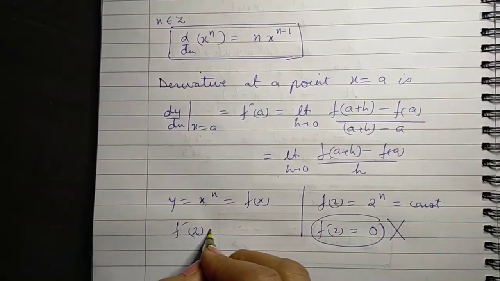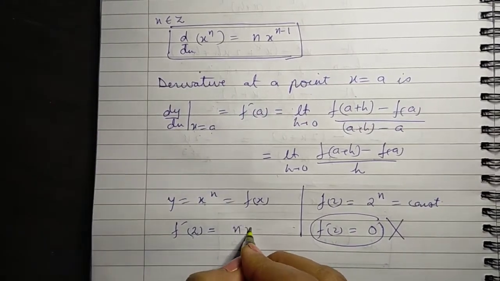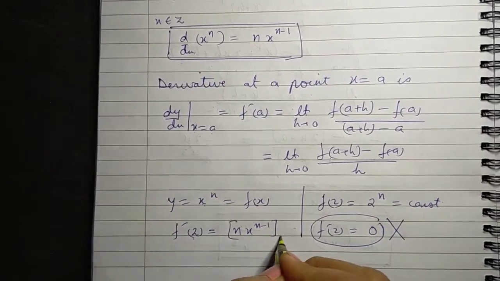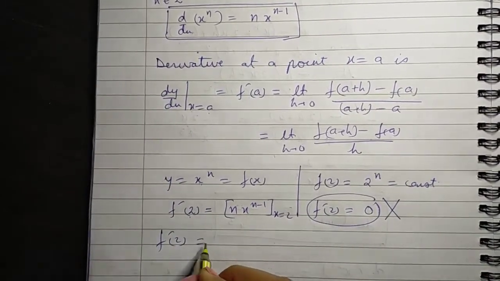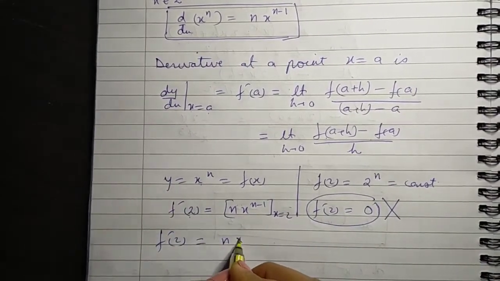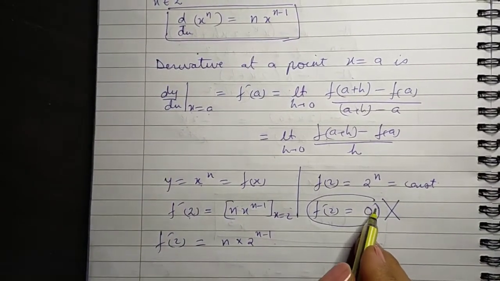So what do we get? It will be equal to n x raised to n minus 1, and then you put x equal to 2. So f'(2) actually is equal to n into 2 raised to n minus 1, and not 0 as obtained here.